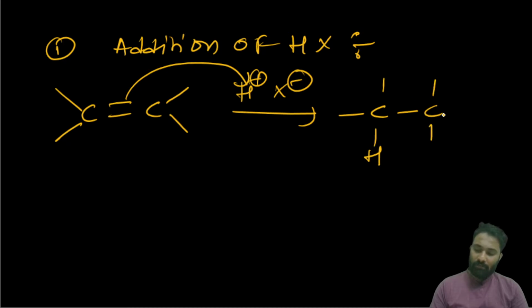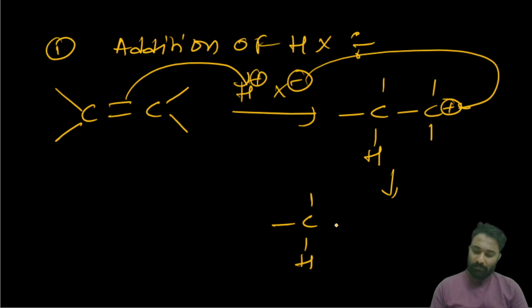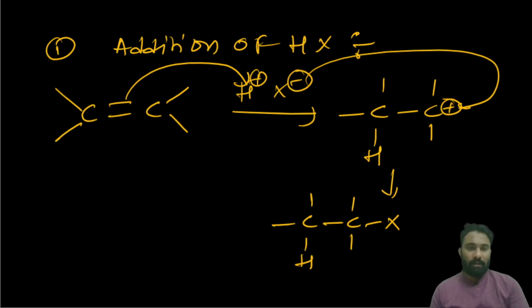Then the carbon will get the positive charge, and the nucleophile will go and attack there, and the product will be obtained in this manner. Done? Clear? This is the addition of HX.